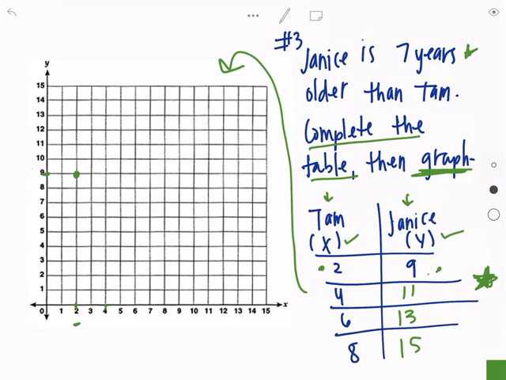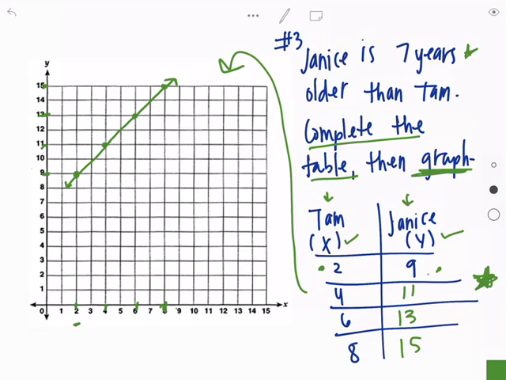Then 4 and 11 is going to be here. 6 and 13 is going to be here. And then the last one, 8 and 15, would be here. Remember to connect all the dots together so it makes one line, and then the arrows.